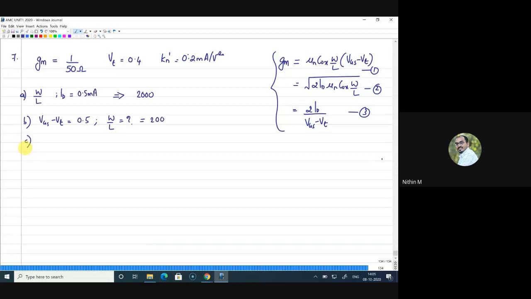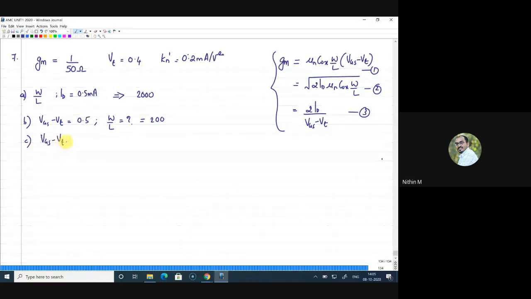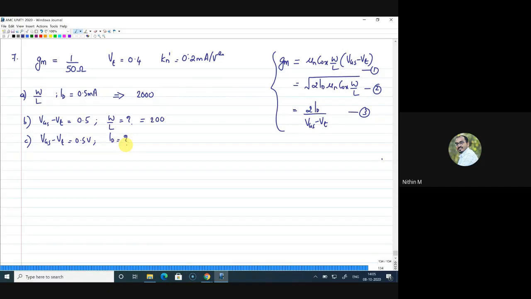Now the C part says that VGS minus VT is equal to 0.5, and you are asked to find ID. How will you find ID? It is clear in the question that the device is operating in saturation, so you can use the saturation current equation without lambda and substitute VGS.